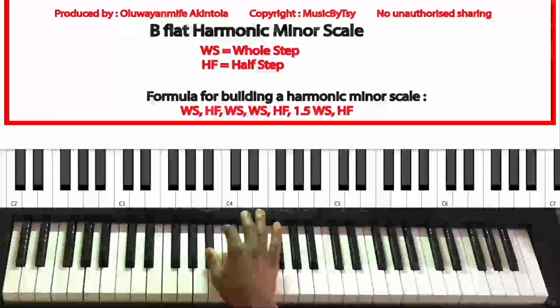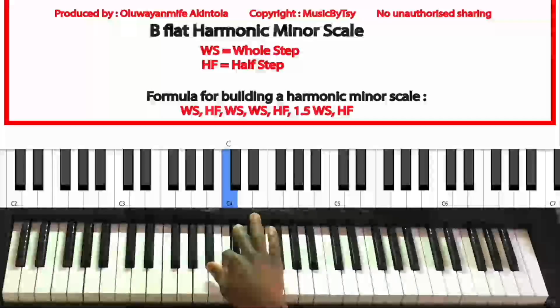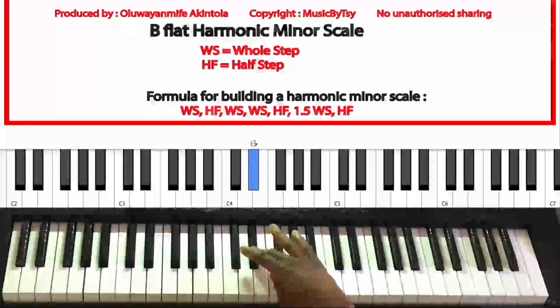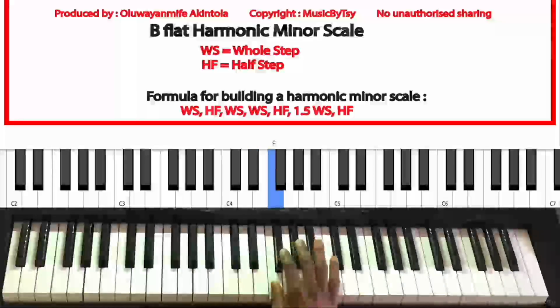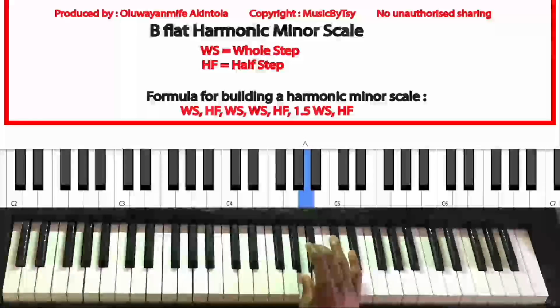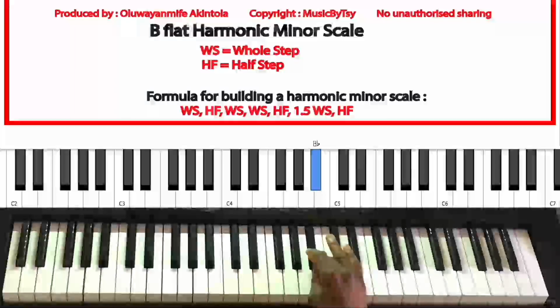We're going to take a whole step, and then a half step, and then a whole step, and then another whole step, and then a half step, and then 1.5 steps, which means skipping two keys, and then a half step. So yes, that's it. That is the B flat harmonic minor scale.